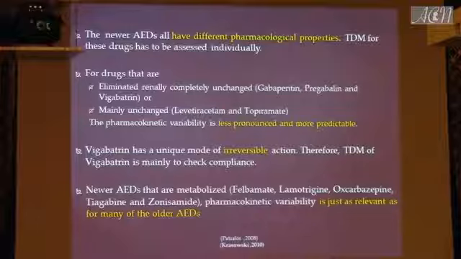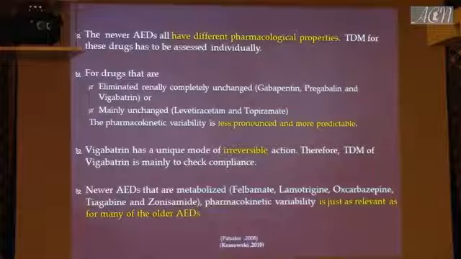But in general, medications that are eliminated renally, like gabapentin, pregabalin, vigabatrin, and medications that are eliminated mainly unchanged, like Keppra or topiramate, the pharmacokinetic variability is less pronounced and more predictable, so therapeutic drug monitoring might not be as useful.